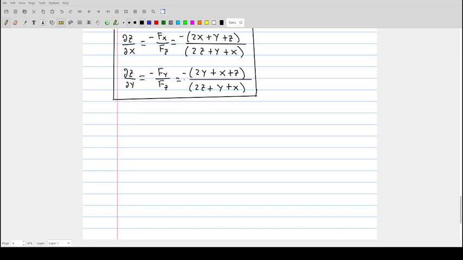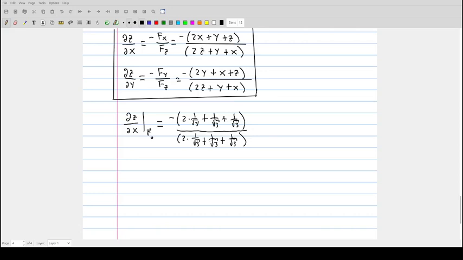So dz dx at the point r0 is going to be negative 2 times 1 over the square root of 3 plus 1 over the square root of 3 plus 1 over the square root of 3, divided by 2 times 1 over the square root of 3 plus 1 over the square root of 3 plus 1 over the square root of 3.